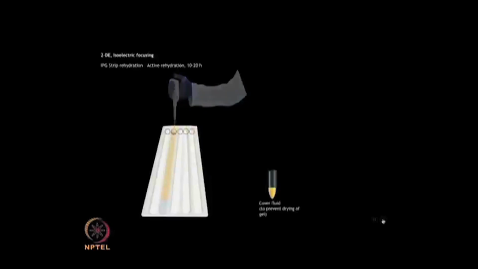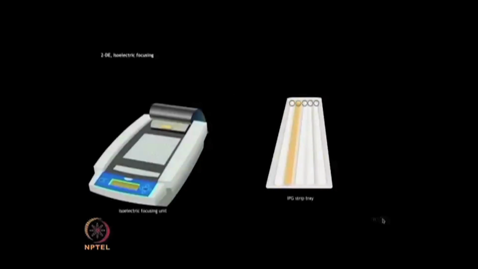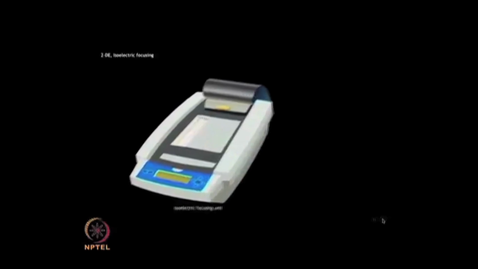Once the protein sample is applied, a very low voltage is provided and then cover fluid can be added. This is then placed in the isoelectric focusing instrument and low voltage is applied. The process can be performed for 10 to 20 hours.